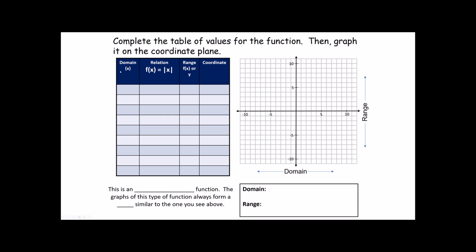Now remember, we don't know which values of x we're going to be able to stick in that will work. We are not given a list of values of x, so we're just going to pick some values, plug them in, see what happens. I tend to pick values that are going to fall along the part of the number line that I have shown for you, because it wouldn't make sense for me to pick values that are out here.